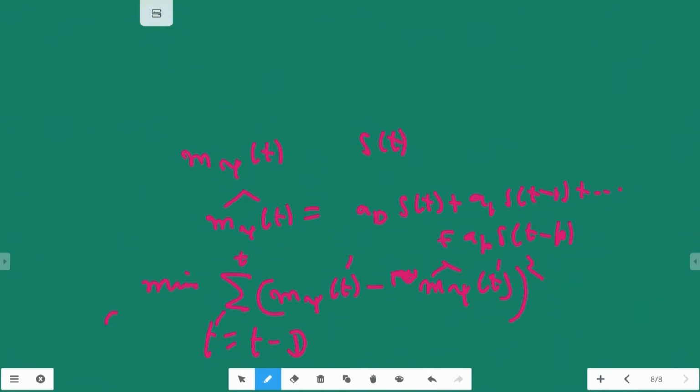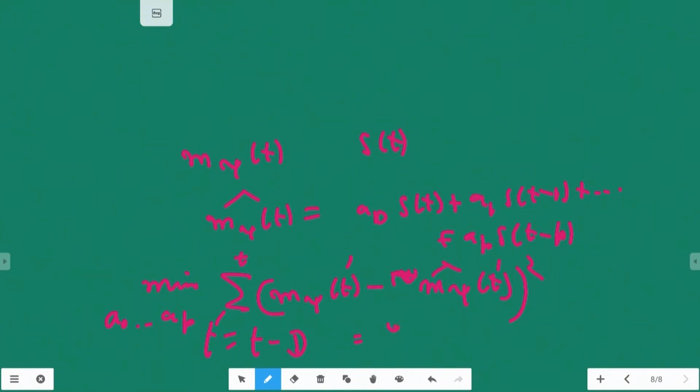So you minimize this with respect to a0 to ap, and if you minimize this function, it will be a function of the wave function, and it will also be a function of the speech samples at times t minus 1 up to t minus p, and then you go further up to t minus d.